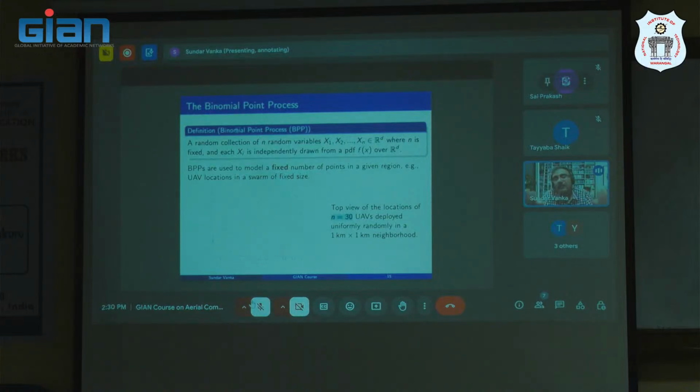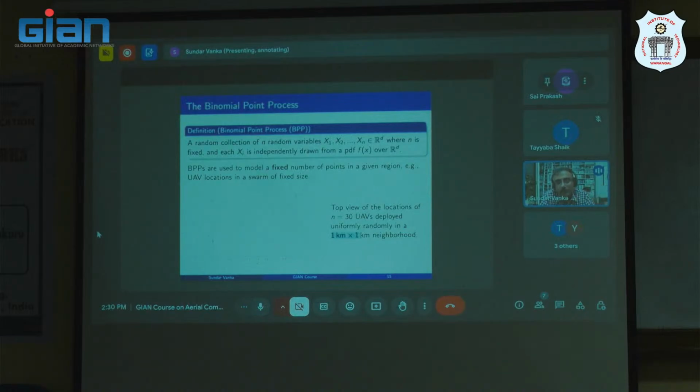You can equivalently even think of it as a random vector, correct? In this case, you can think of it as 30 UAVs. Each of these UAVs is located in a 1 kilometer by 1 kilometer square, which means you need how many total dimensions to describe all the UAV positions? How many numbers? 30 times 2, correct?